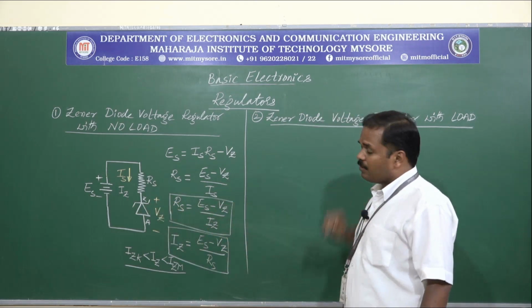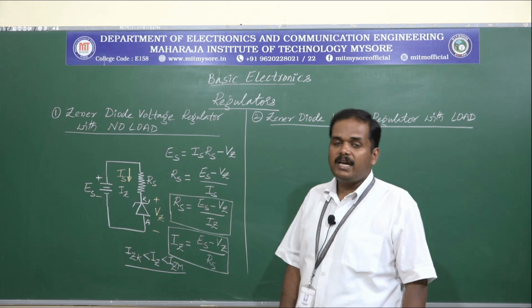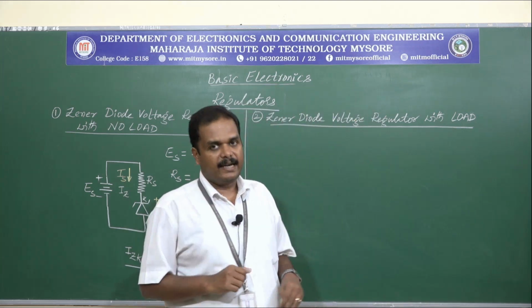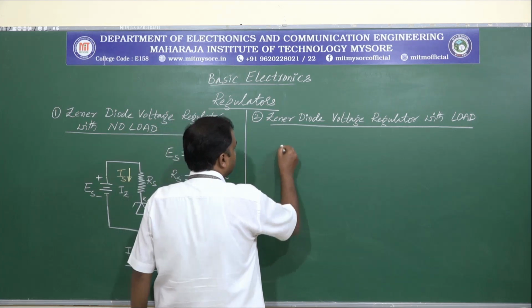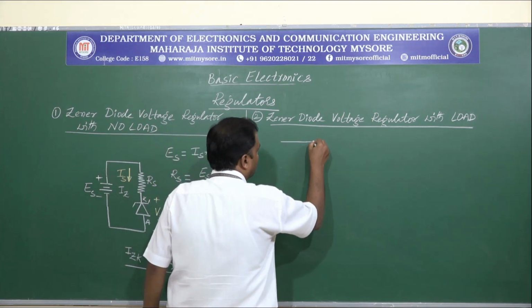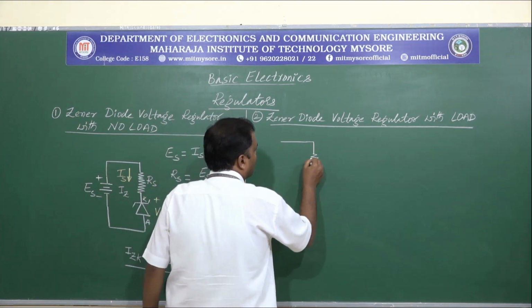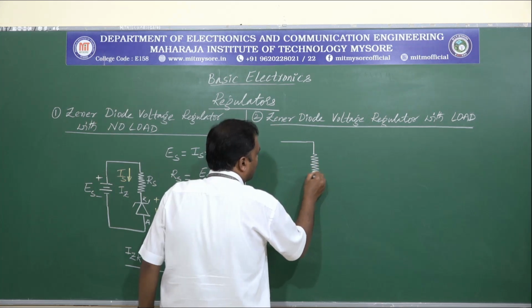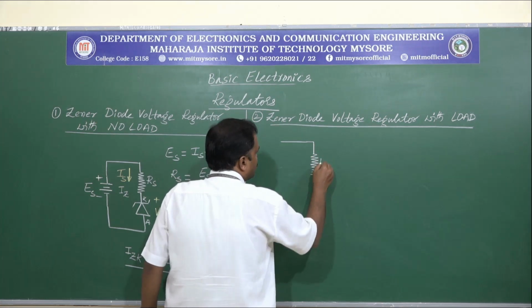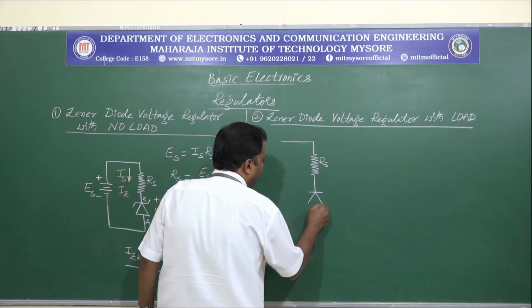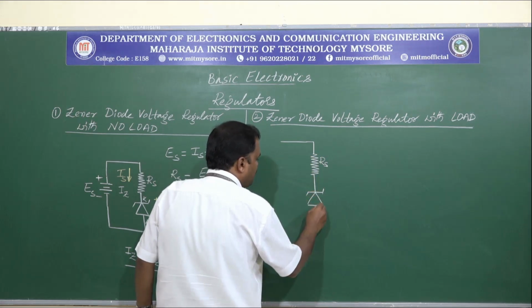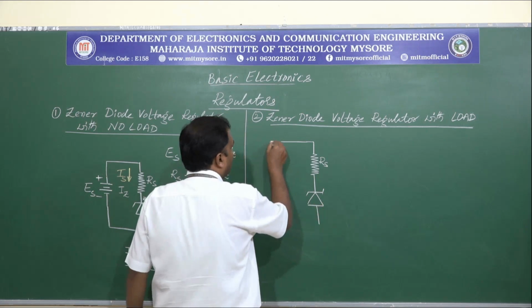Now, coming to the Zener diode as voltage regulator with loaded condition. So let us look into the circuit diagram for this. So let this be Rs, and here we have a Zener diode connected.